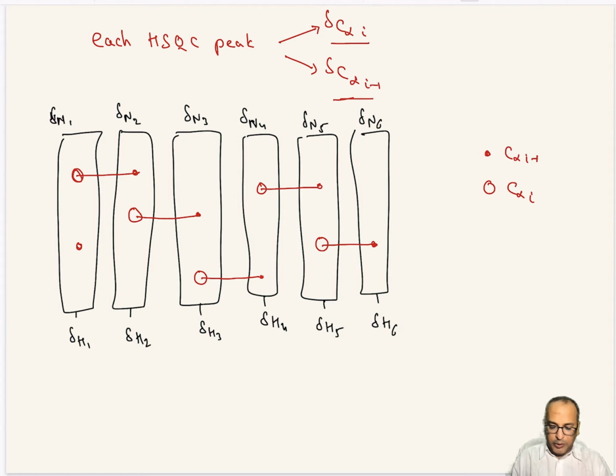okay. So these strips, I have arranged so that you can see that I minus 1 of this is actually the C alpha I of the previous residue. Similarly, I minus 1 of this is the I peak of this residue, and so on and so forth.